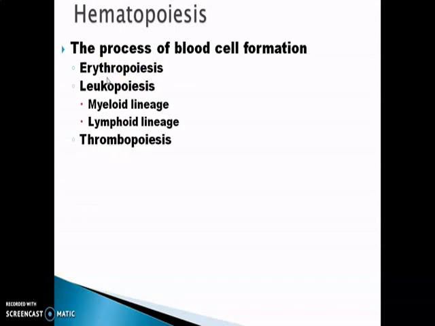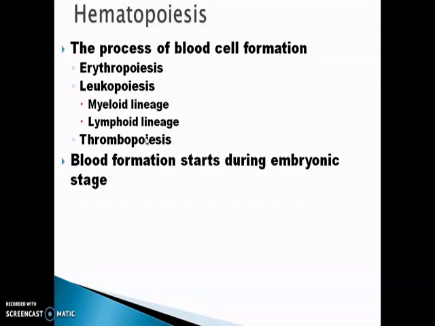Formation of white blood cells or WBCs is called leukopoiesis, and it happens with two major lineages. One is the myeloid lineage, another is the lymphoid lineage. The lymphoid lineage creates the T lymphocytes and B lymphocytes, and thrombopoiesis produces the platelets.